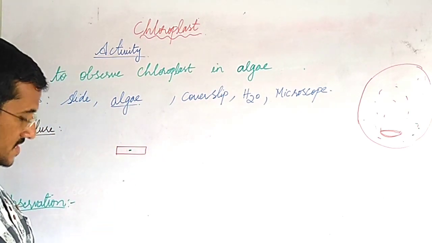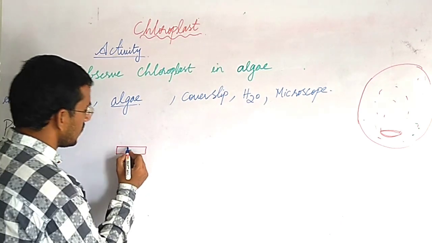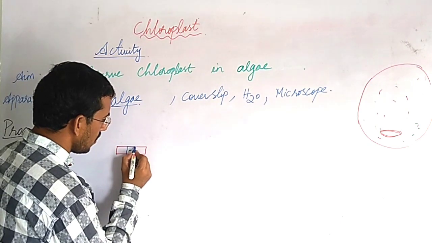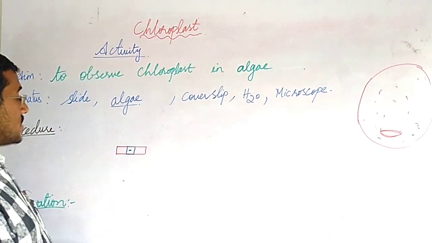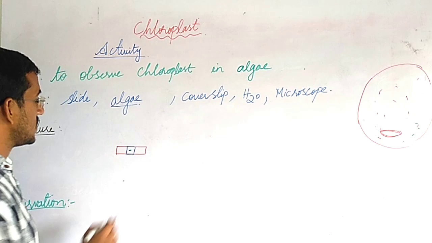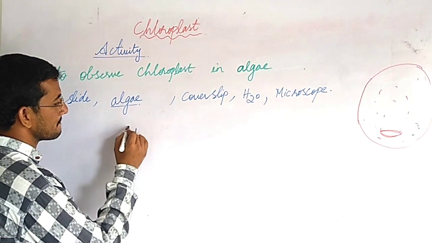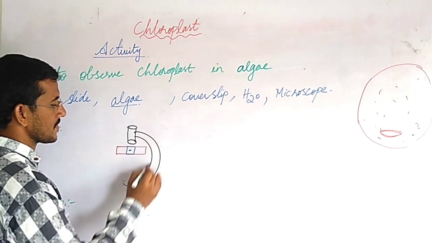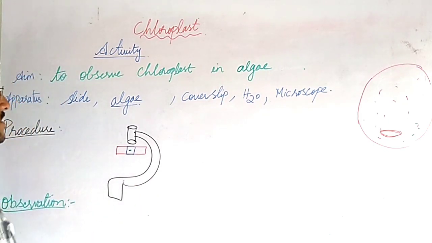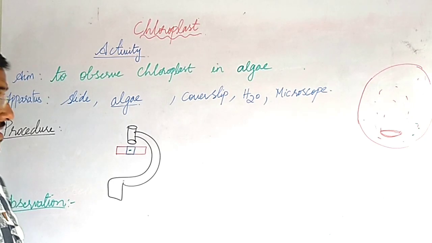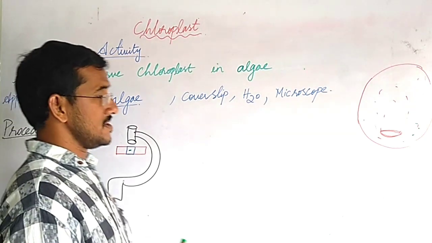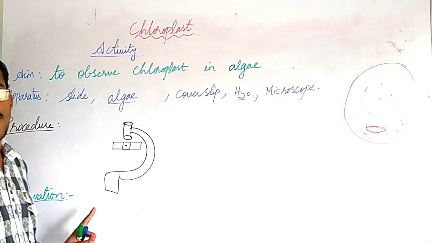Now on this you place one cover slip. Cover slips are small rectangular transparent pieces. Now what you have to do? Observe this under the microscope. What do you observe? This is our observation.